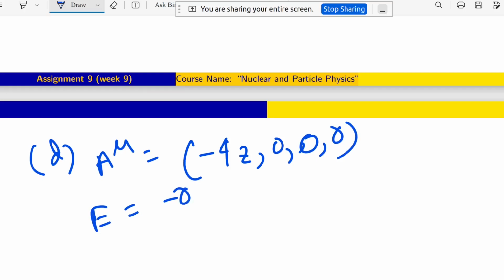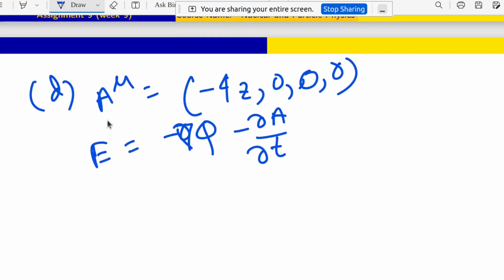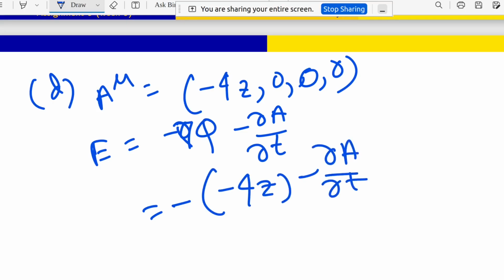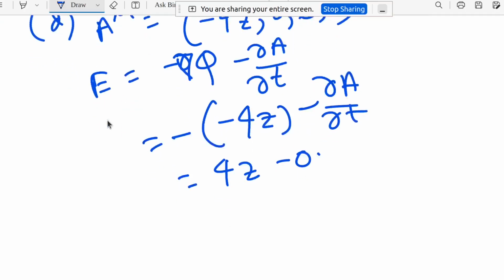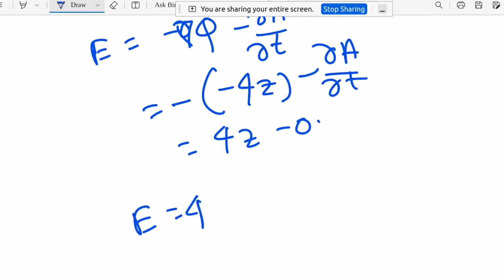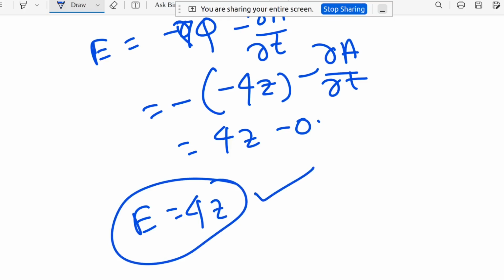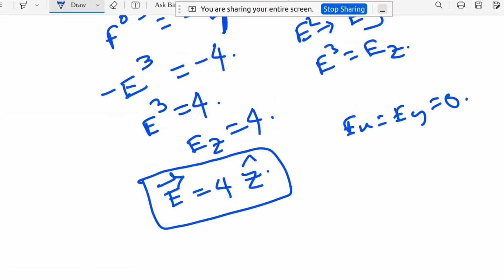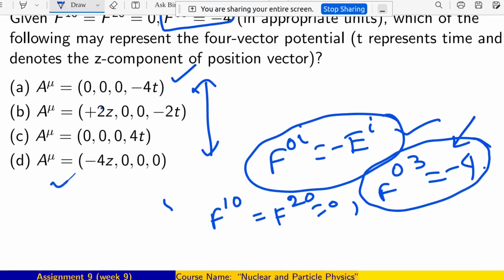E is minus grad phi minus del A del T. So minus of minus 4z minus del A del T, and this is 4z and this is 0. So you can see obviously E is giving us 4z. That is the correct one. So our option number D, whatever is given here, that is correct.